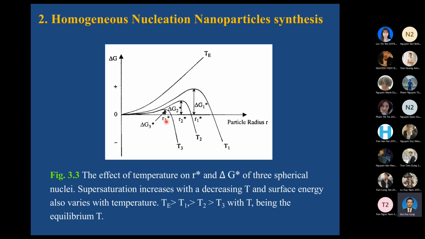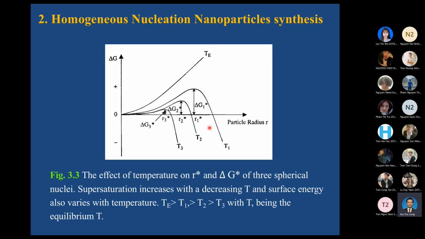You can see the R star of T3 is smaller as the temperature of the system is smaller, so it is easy to form particles at this temperature. At higher temperature, the nucleus has to be bigger in order to be stable and grow up.